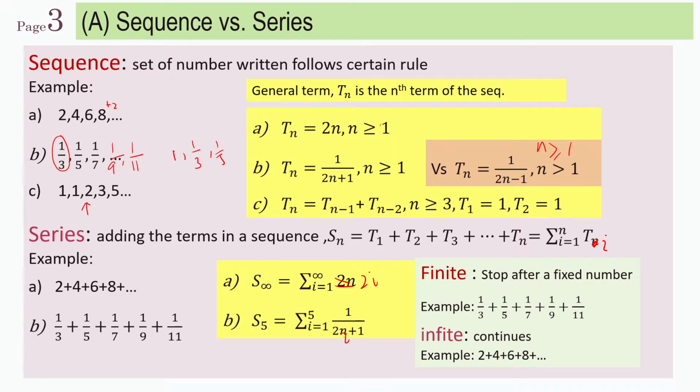We call it a finite series, or you can say a finite sequence. It stops after a fixed number. So 1 over 3 plus 1 over 5 until 1 over 11 is a finite sequence. For the infinite one, it continues, which means we have 3 dots at the back.